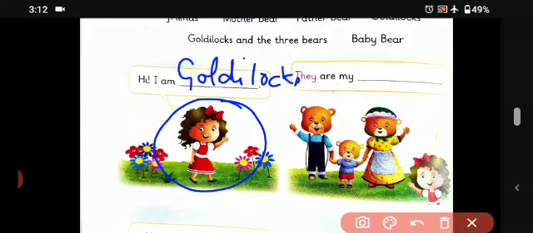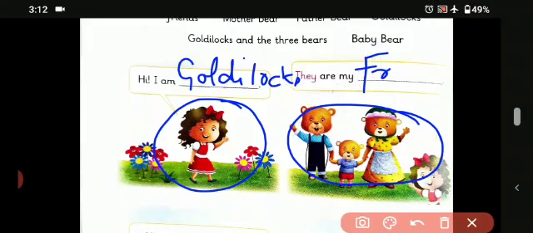Okay? And they are my friends. So who are they? They are bears and they are her friends. Okay students, they are her friends and the girl's name is Goldilocks.